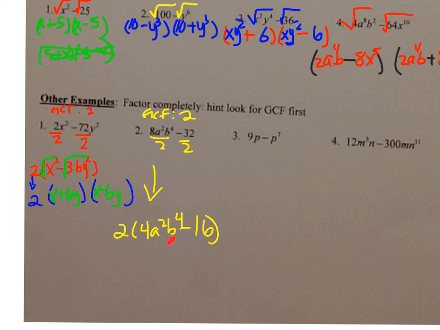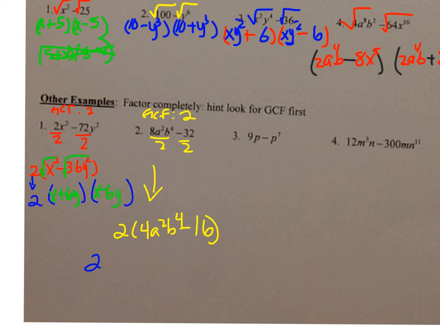Okay, and then we have a difference of squares inside here. 4 and 16 are perfect squares. a to the second, b to the fourth, those are perfect squares also. So I'm going to set up my 2 parentheses and put the 2 on the outside. One's plus, one's minus. I don't think I have enough room, so I have to get a little bit more room here.